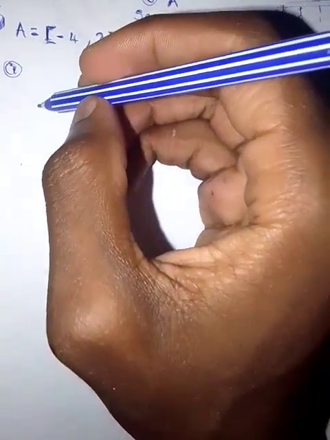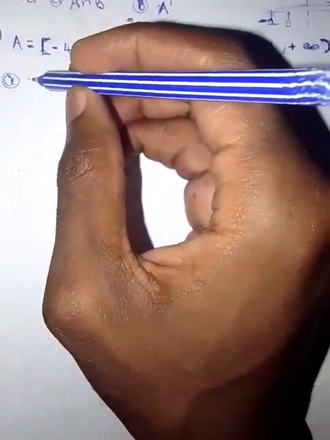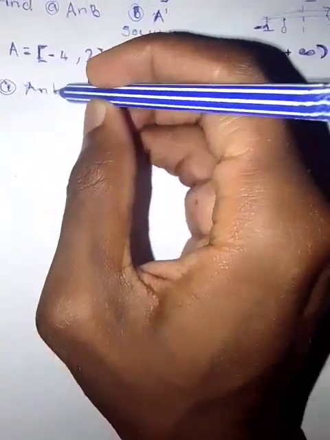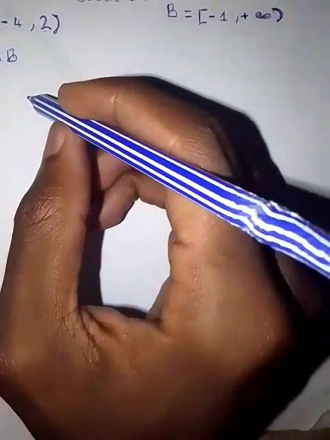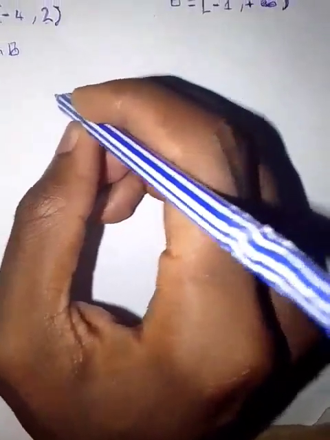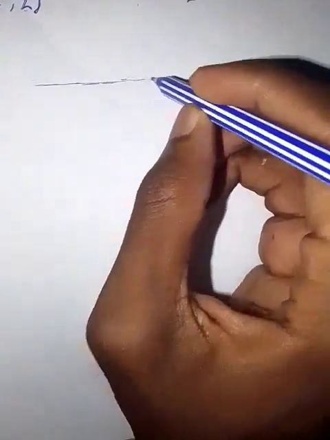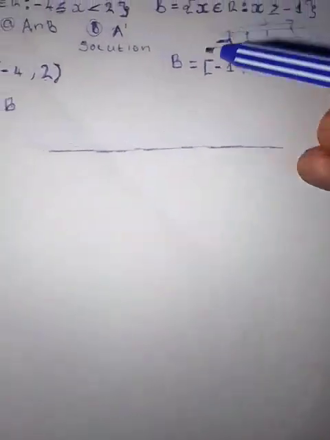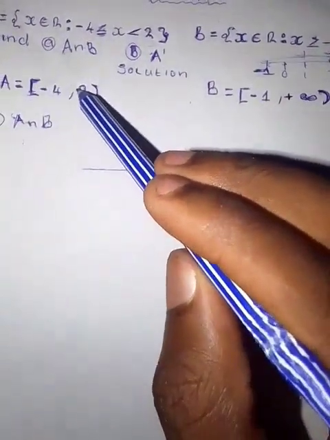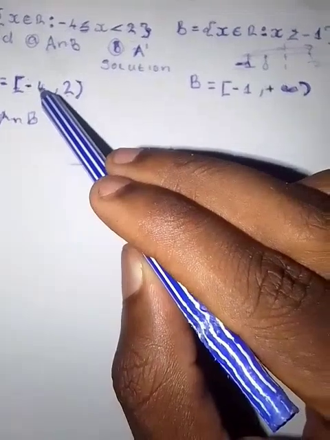So they're saying that A is intersecting with B, right? Okay, so now you're going to draw some sort of a number line, a straight line. Now you need to take note of the numbers that you're going to be plugging on the number line.